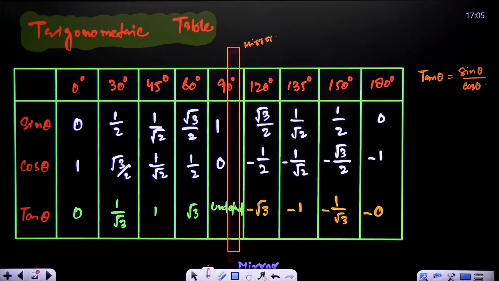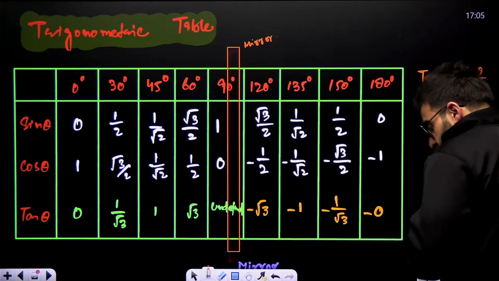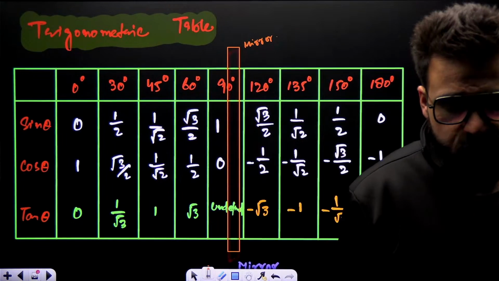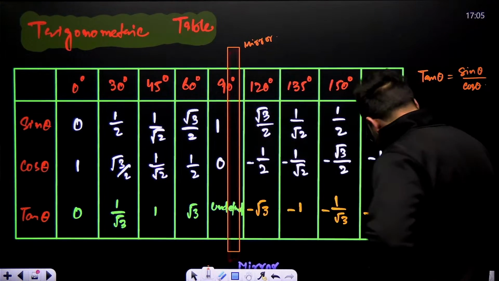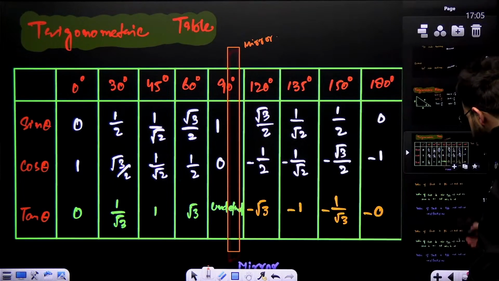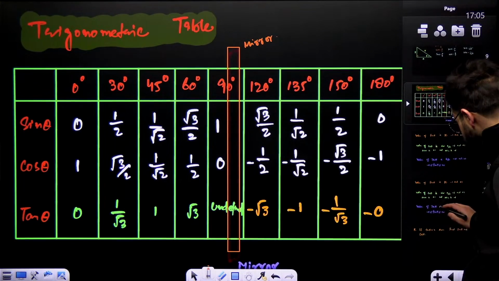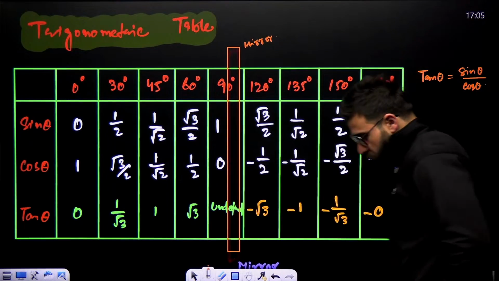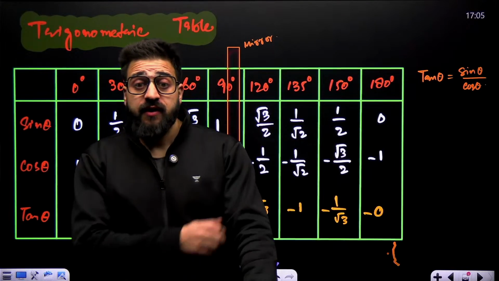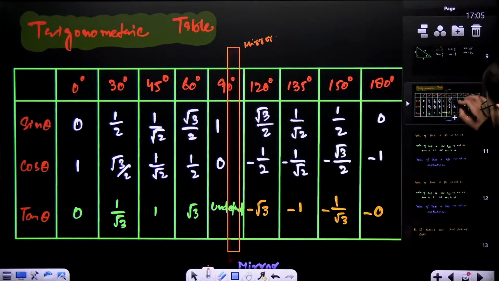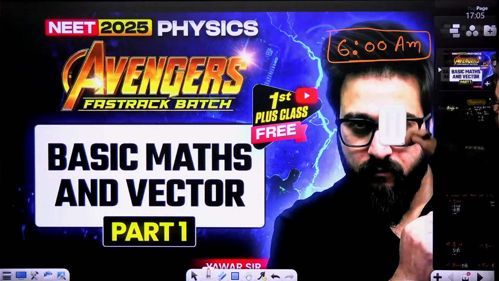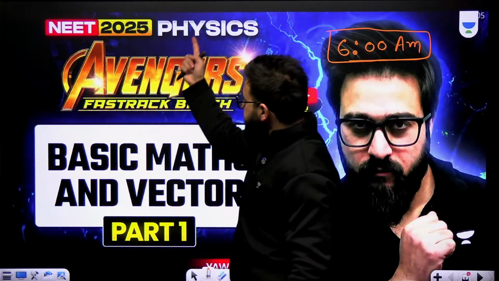Great. Now, guys, since this was the first lecture of the Avengers batch, that is this one, NEET 2025 Physics Avengers batch, that is fast track batch.